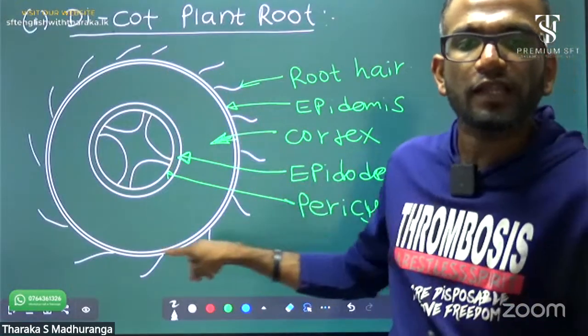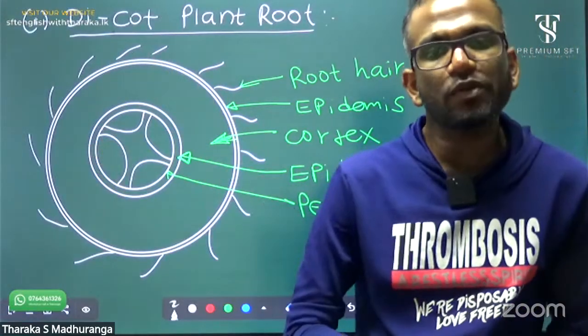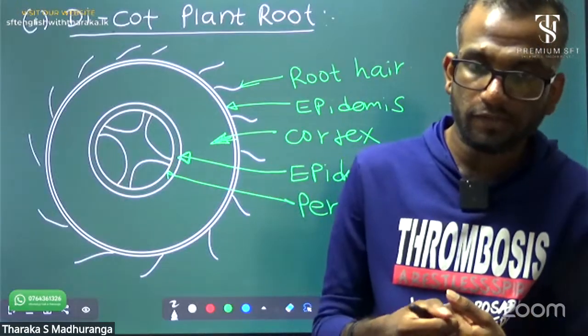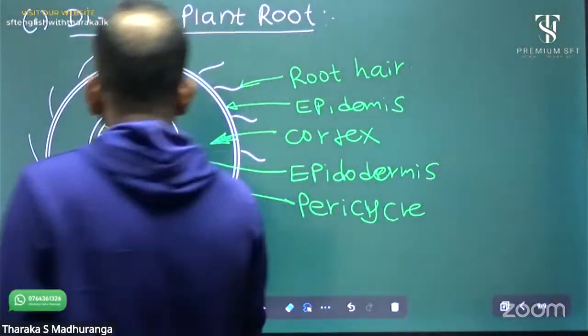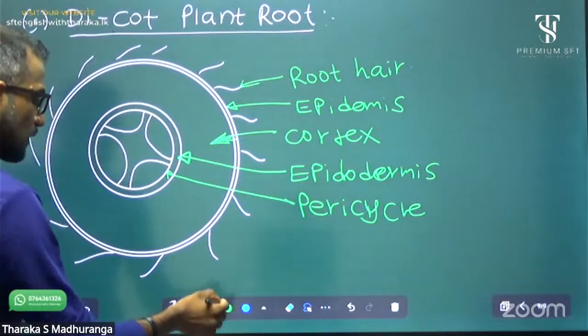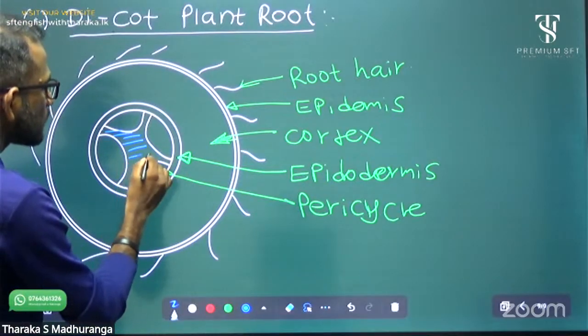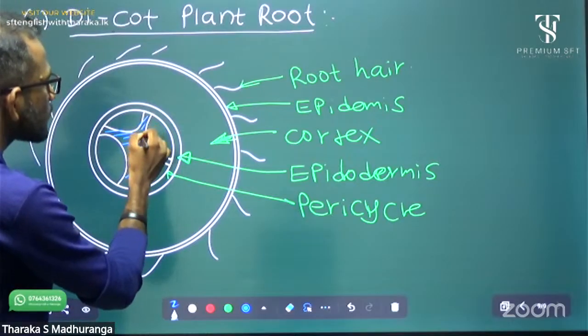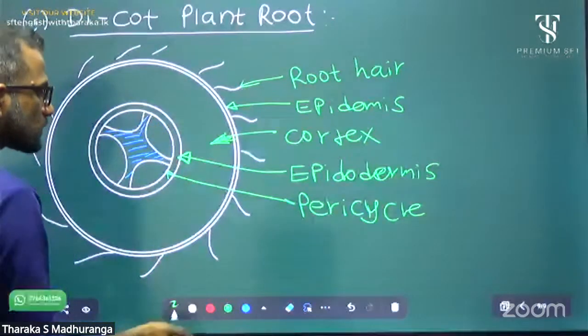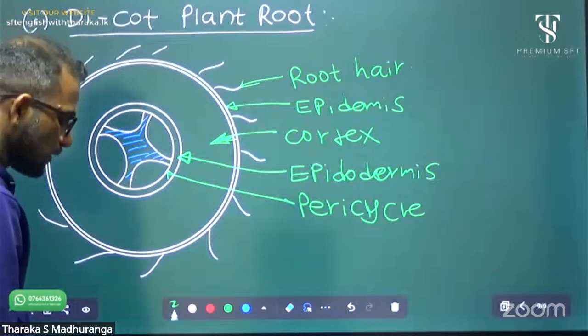But you can identify it as a root by the root hairs. All root types contain root hairs. If there is a star shape inside, it is dicot.